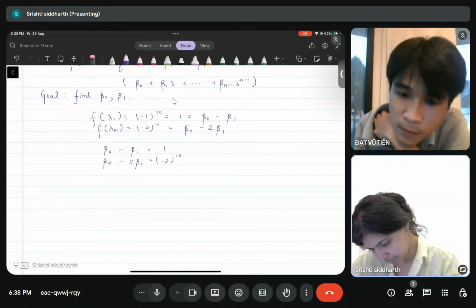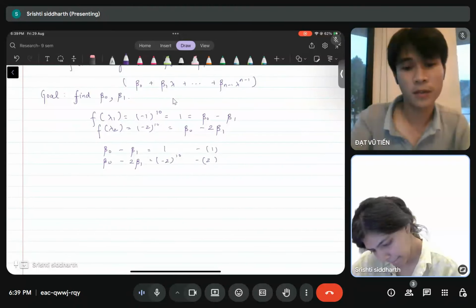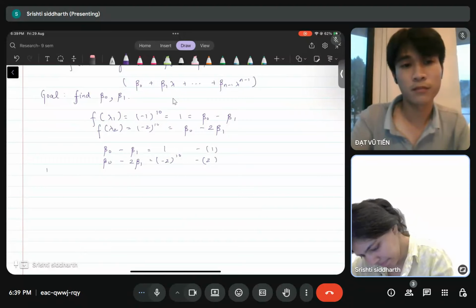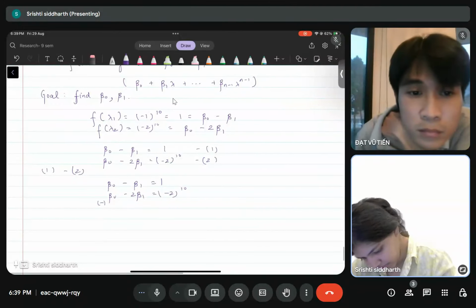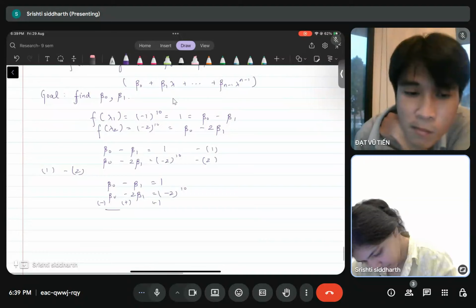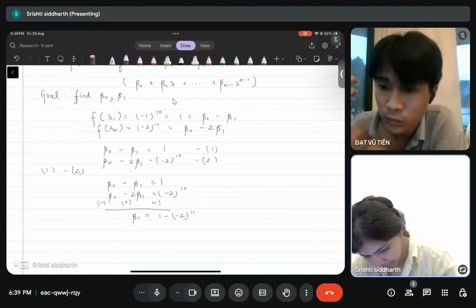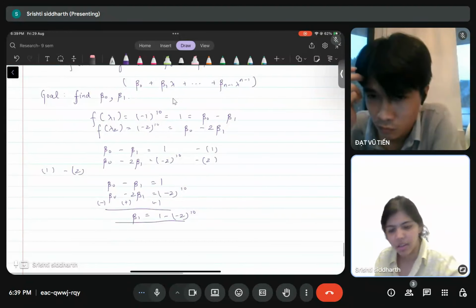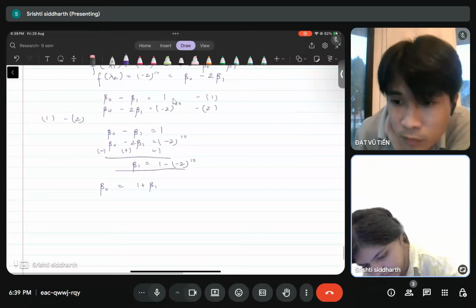Okay, so this is 1. This means that beta 1 is 1 minus this, and then just simple, beta 0 is 1 plus beta 1.